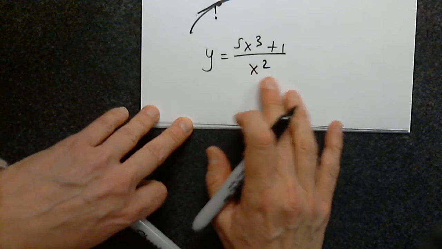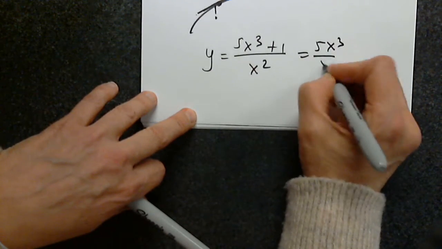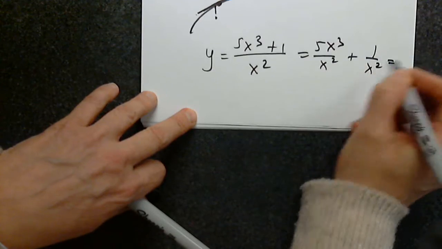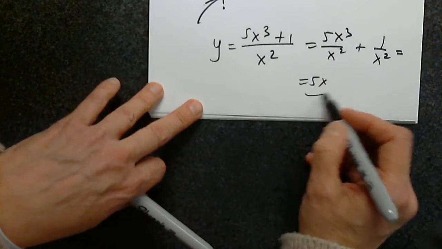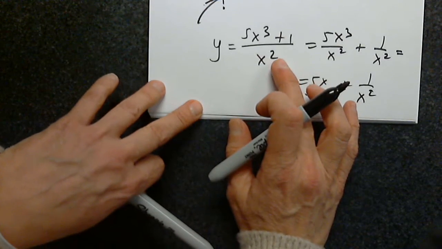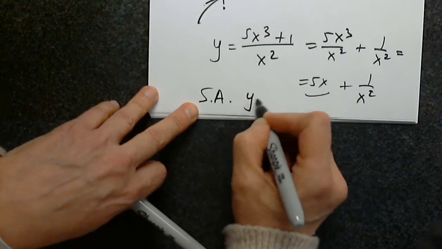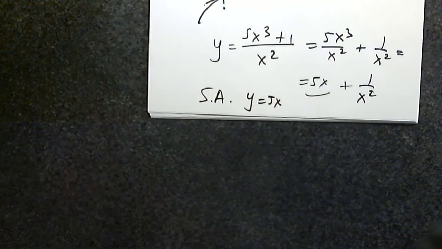I didn't realize that you stopped at x squared. Then the answer is yes, because you have 5x cubed over x squared plus 1 over x squared, and then indeed the slant asymptote will be this. So yes, the slant asymptote is y equals 5x, no question. You don't need to divide because the denominator is just one term, so you are able to separate the fraction and you're done.